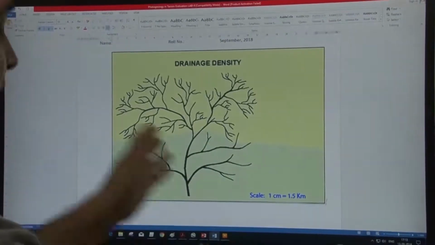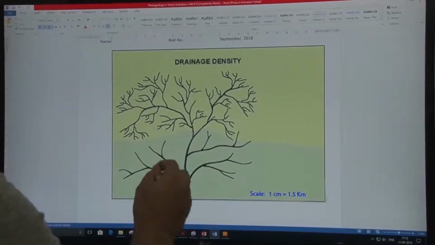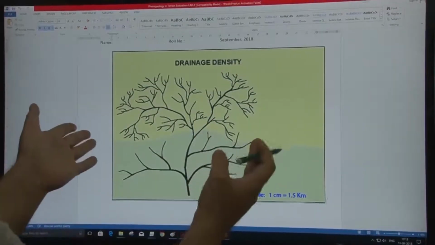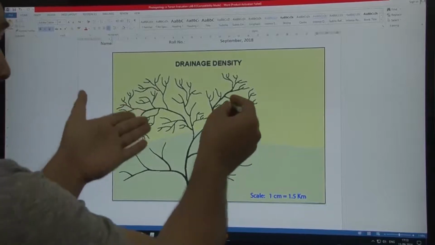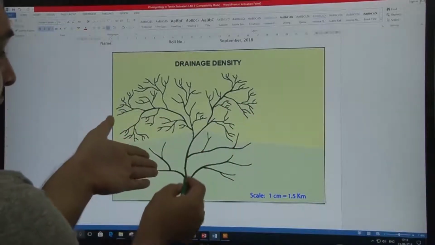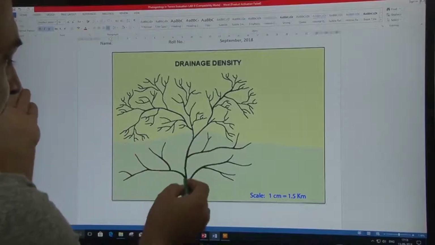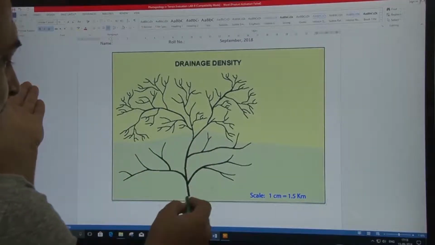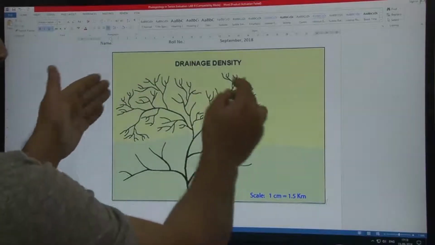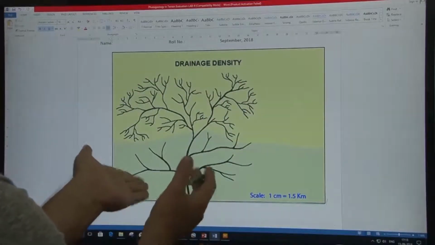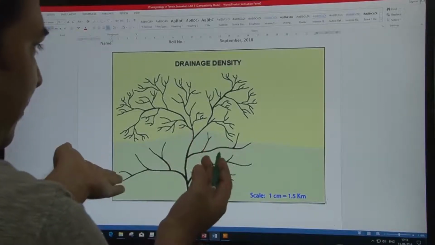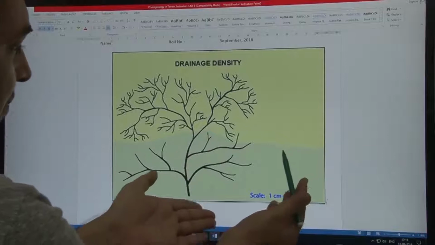A drainage basin is where all the water from all these streams joins the main channel or the main stream, which is in between. This is the stream. So this is a drainage basin, and it has a drainage divide with the other basin.